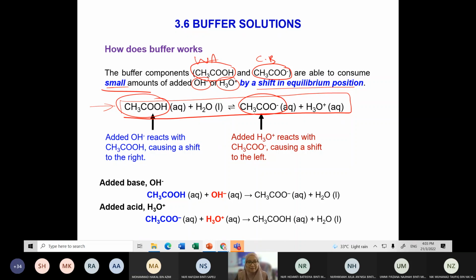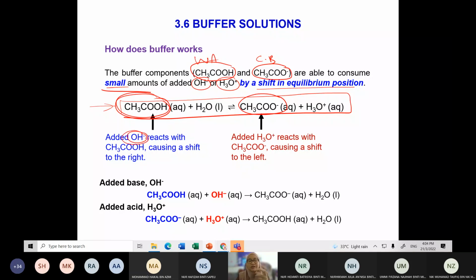Okay, alright, so this one, apa nak cakap tadi? Added OH minus react. Okay, so what happen if we add in OH minus? We kacau the buffer, we disturb the buffer by adding OH minus. So when we add in OH minus, guys, of course the weak acid in the buffer will have to counter that base.